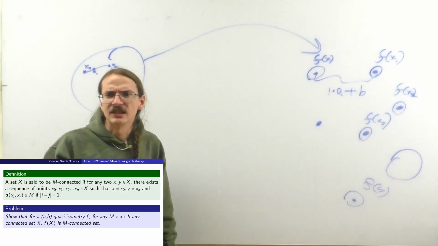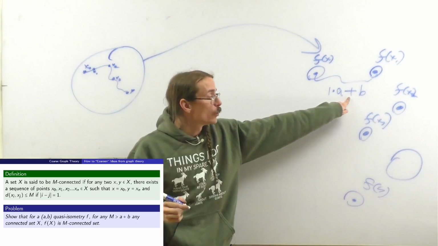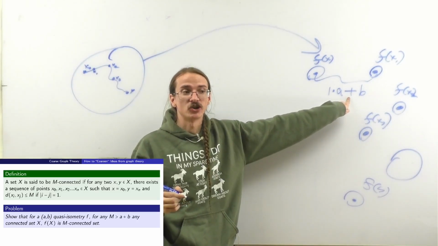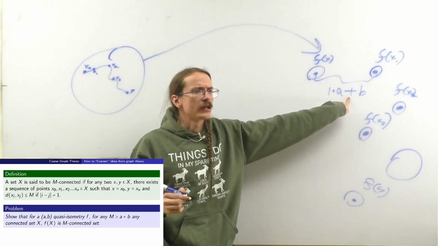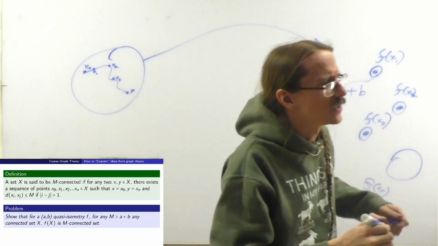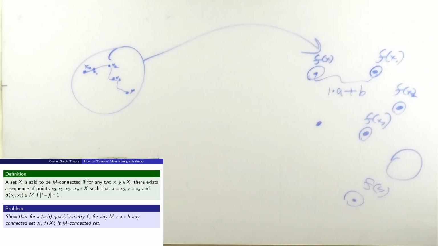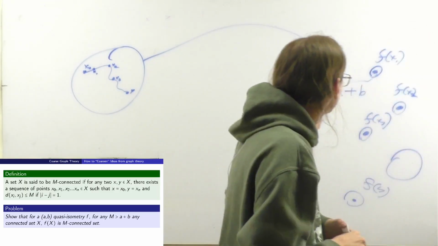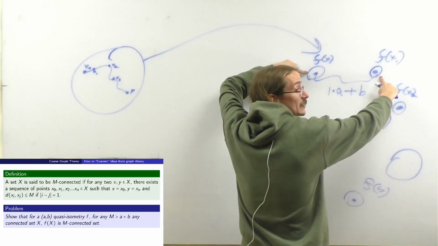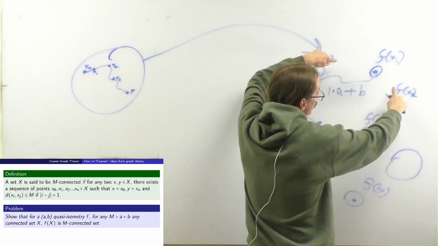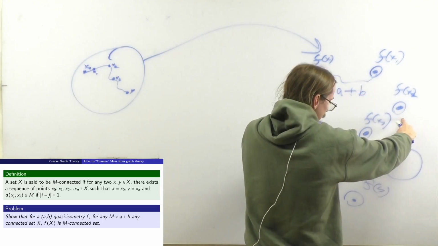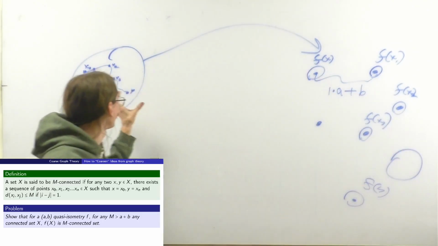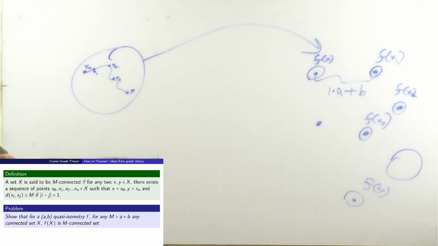Well, not it is going to be, but it is at most this function. And what did I say that we're picking m to be in this problem? Bigger than a plus b. So this is less than m, this is less than m, this is less than m. Every hop along your path, still less than m.